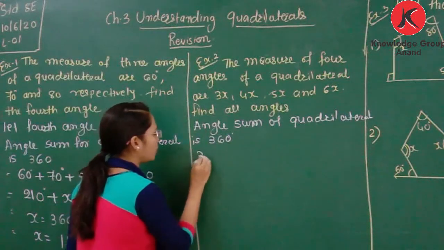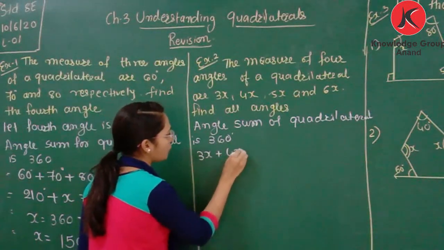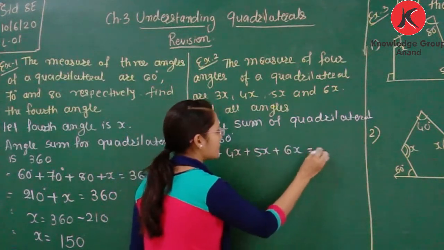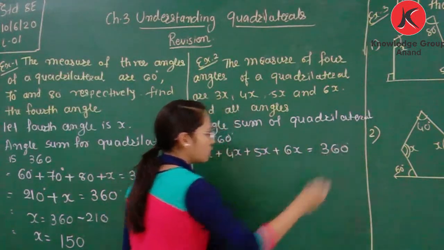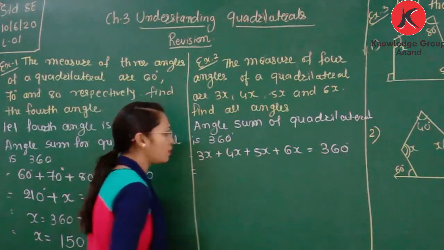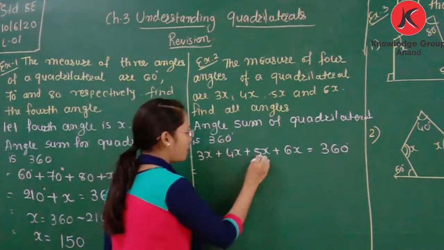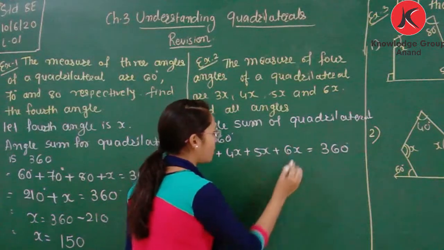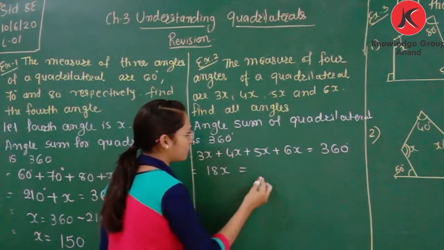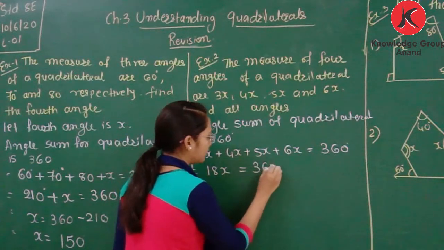So we can write 3x plus 4x plus 5x plus 6x is equal to 360. So add the numbers. 3 plus 4 is 7, 7 plus 5 is 12, 12 plus 6 is 18, 18x is equal to 360.